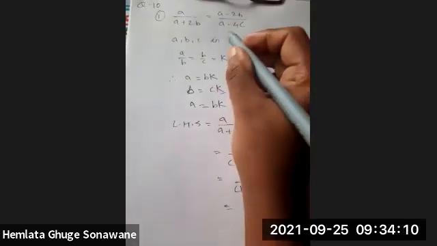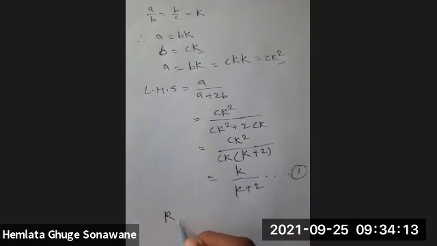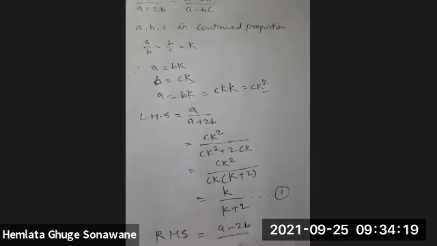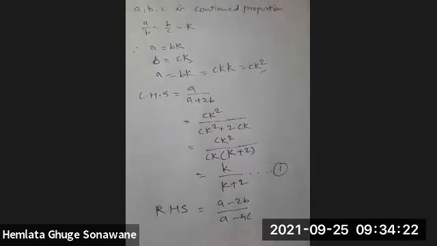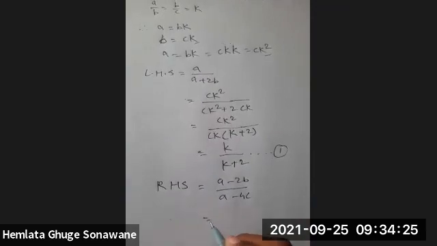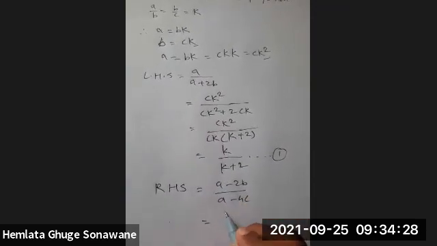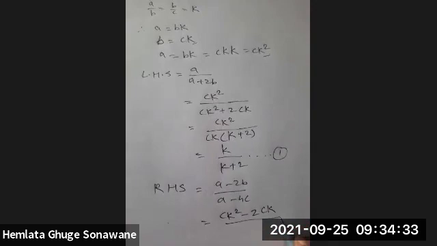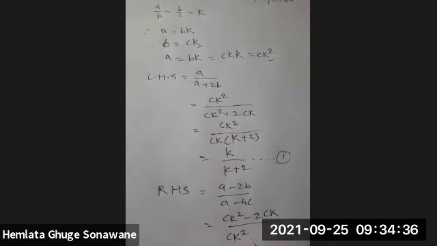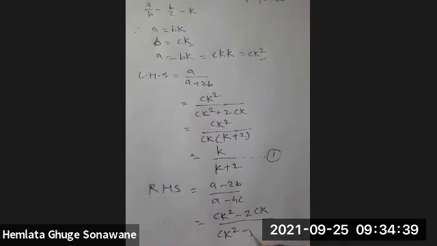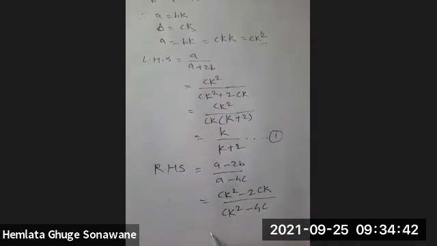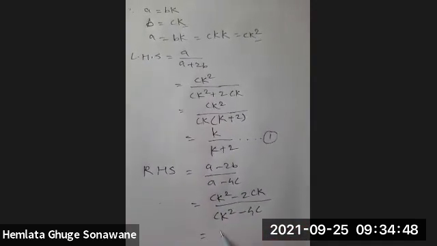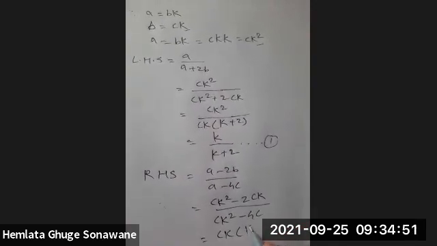Now we'll do the same thing for the right hand side also. What is the expression of the right hand side? A minus 2B upon A minus 4C. That is equal to A is CK square minus 2, B is CK, upon A is CK square minus 4C. Now here we'll take CK common, so what is remaining is K minus 2.